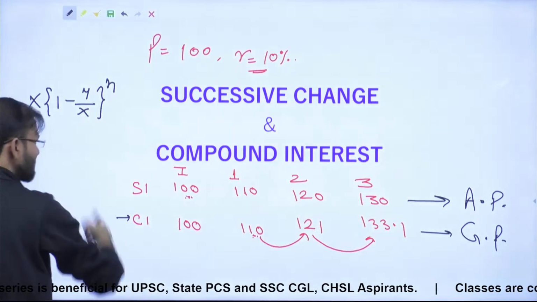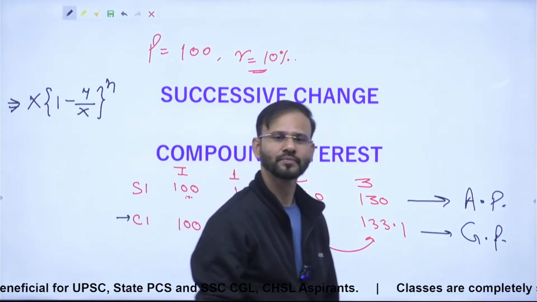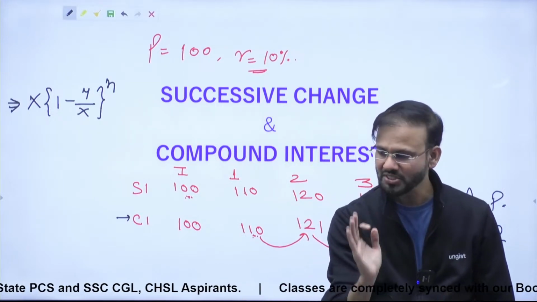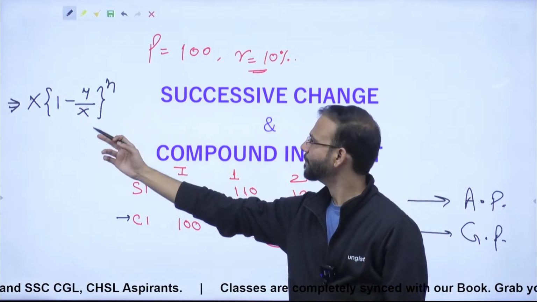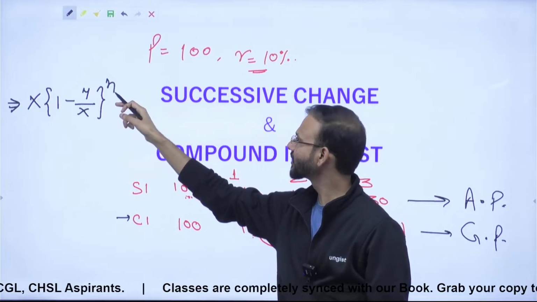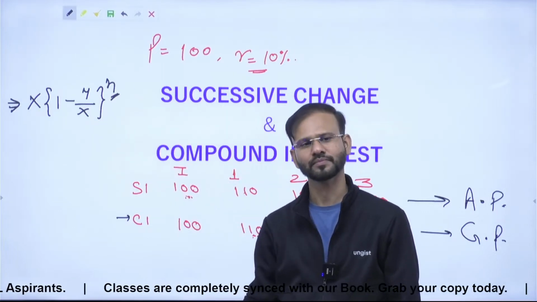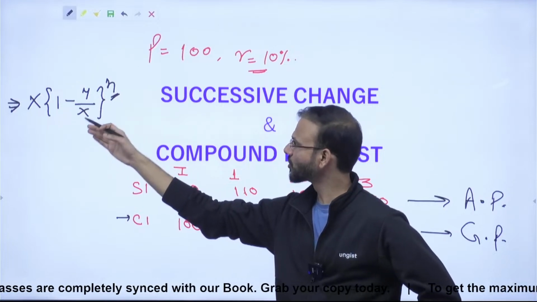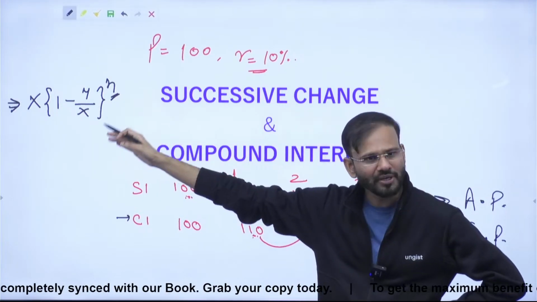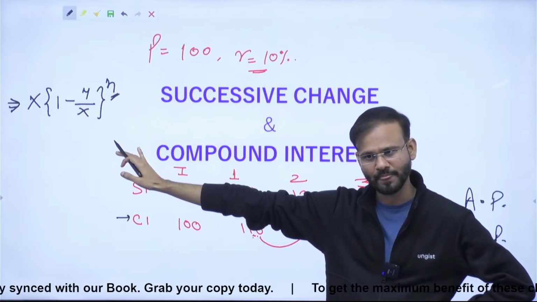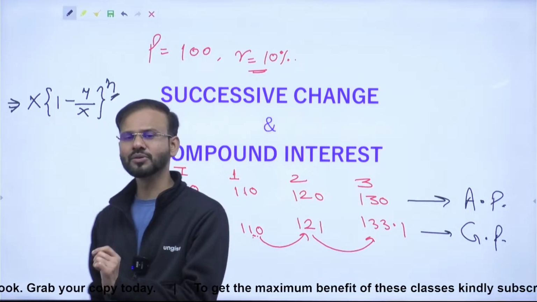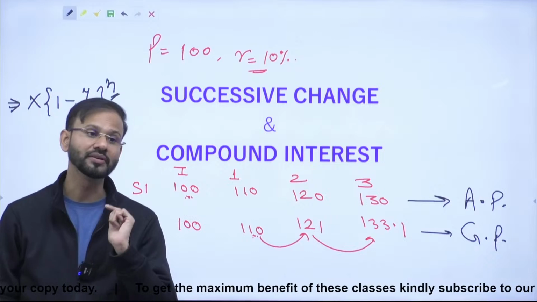So this formula was representing the quantity of pure liquid in the container after n operations. Guys, clear? Now, just relate this concept with compound interest.